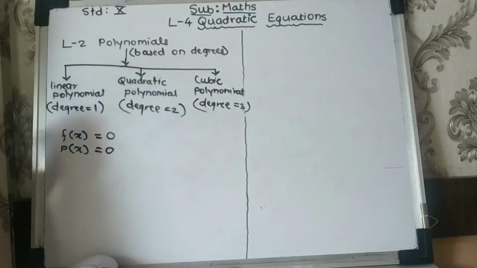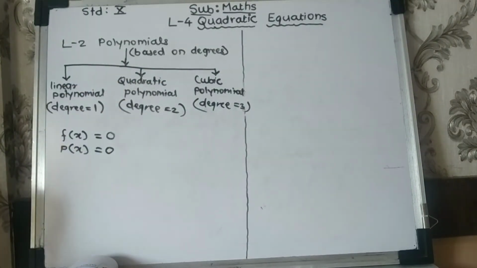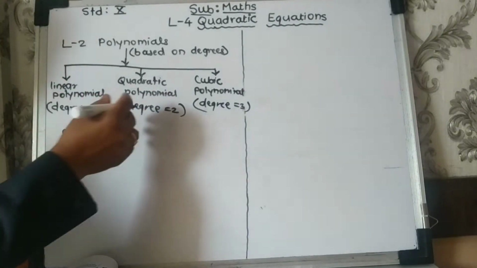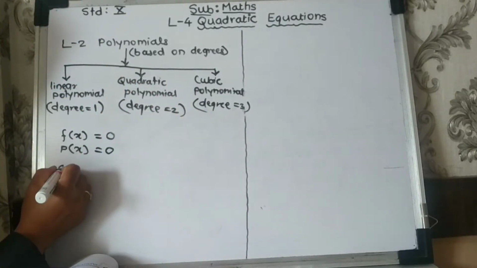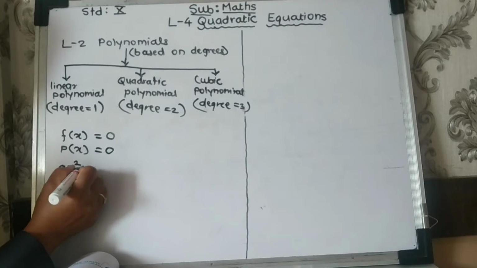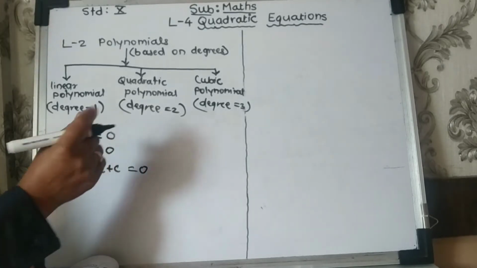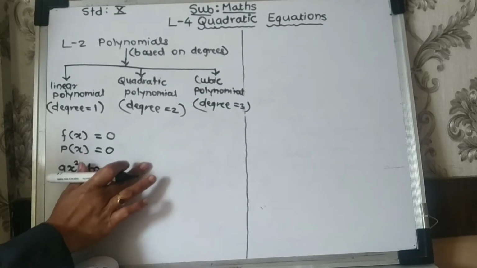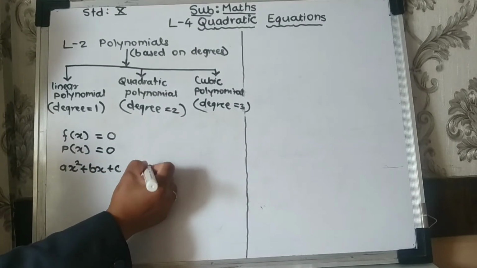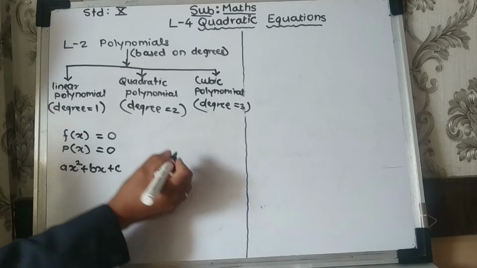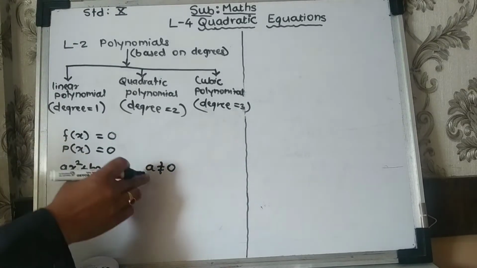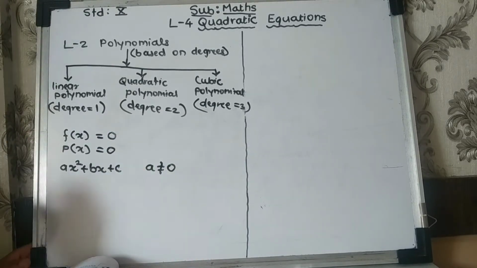So when we talk about the quadratic polynomial, its general form is written as ax square plus bx plus c, where a is not equal to 0, right? Why is a not equal to 0 given?